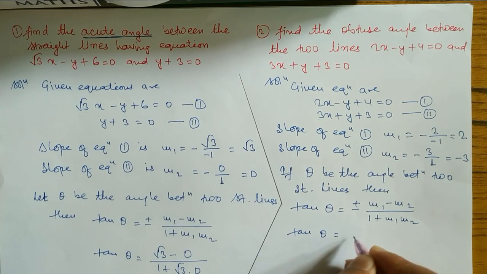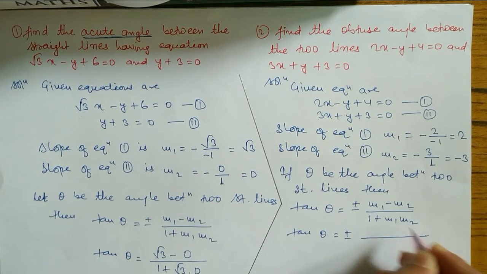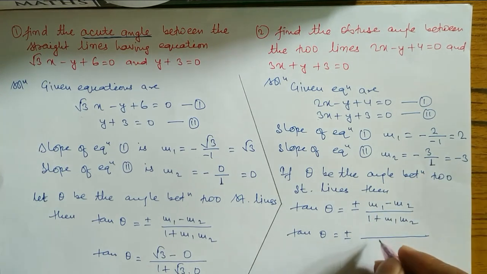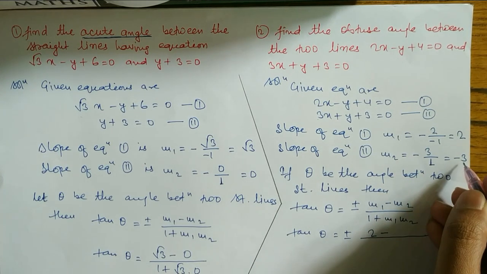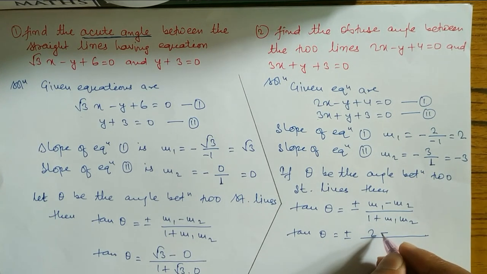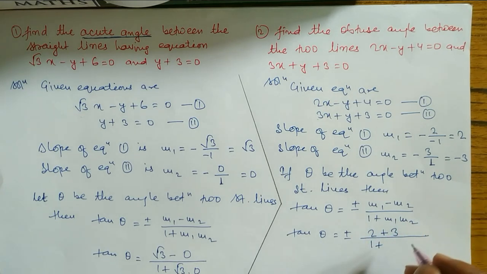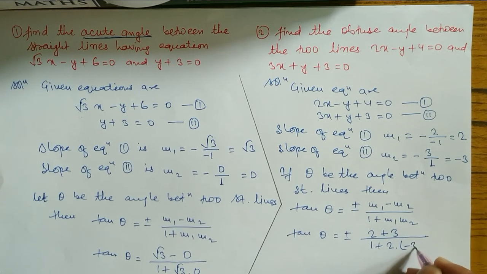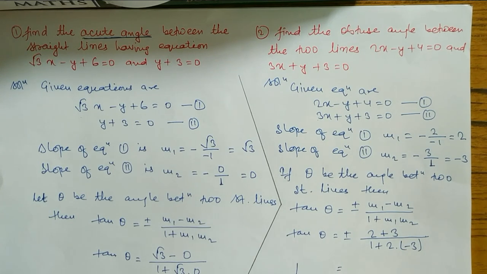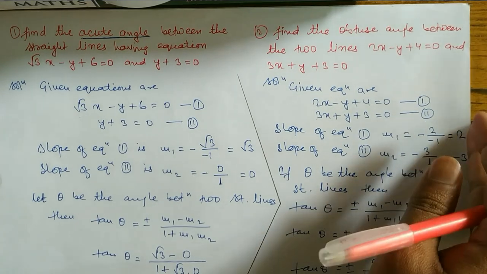Tan theta is equal to plus minus, what is the value of m1? m1 is equal to 2, minus m2 is equal to minus 3, minus minus plus, we can write 3. 1 plus m1 is equal to 2, m2 is equal to minus 3. So we can write here tan theta is equal to plus minus 5 by 1 minus 3 into 2, 6.